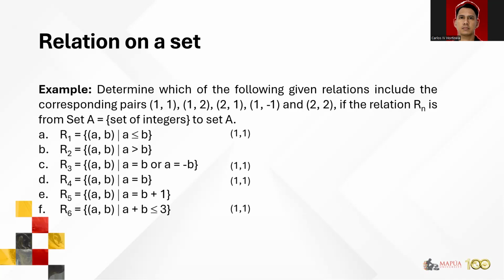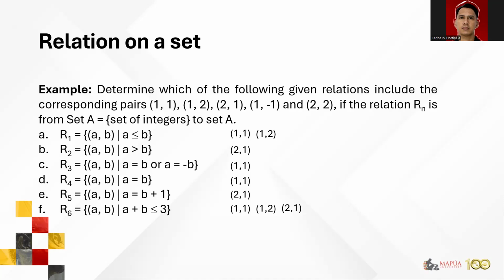The next ordered pair is 1, 2. 1, 2 is included only on relations R1 and R6. Okay, that's it. No other relations include 1, comma 2. Next ordered pair, 2, comma 1. 2, comma 1 is included on R2, R5, and R6.